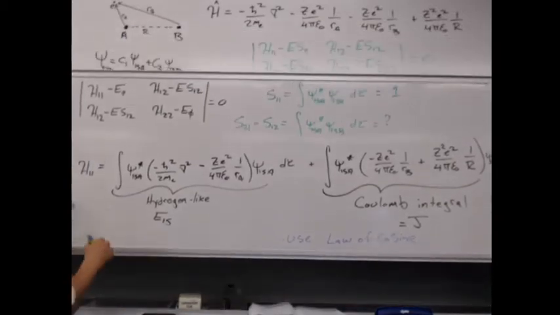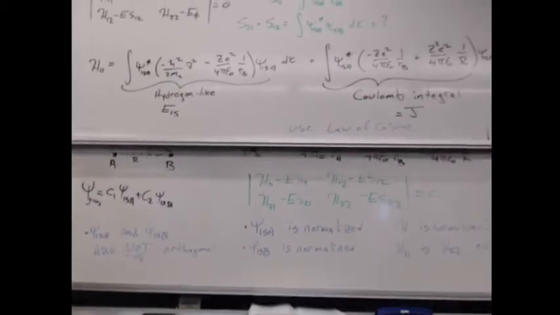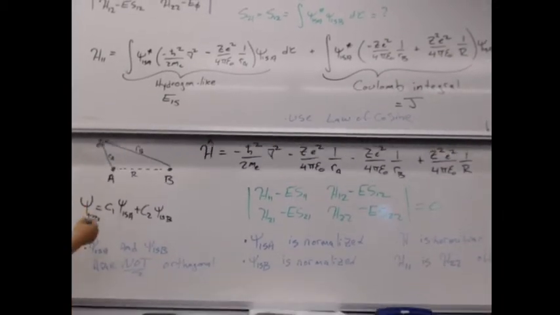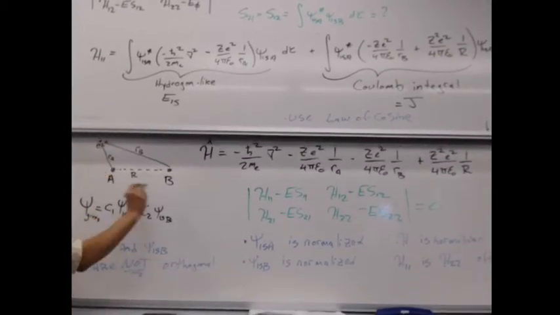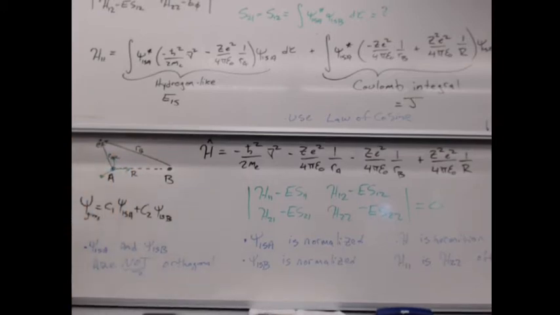So the law of cosine is saying I have to deal with the fact that if I'm looking at my psi 1sa, I'm essentially looking at a wave function that's centered on A. And all the coordinates are relative to A. I have to figure out, relative to A, what the heck does this RB distance mean?